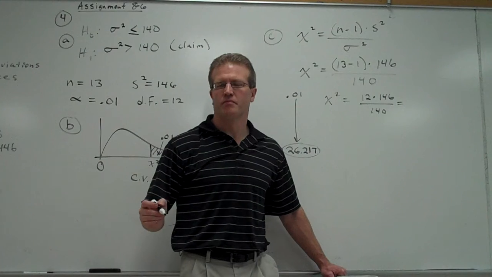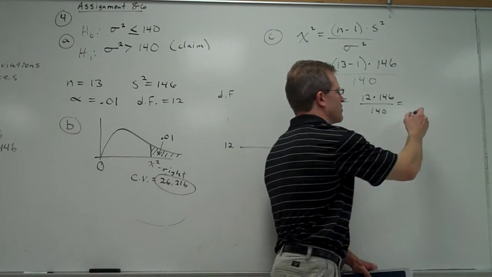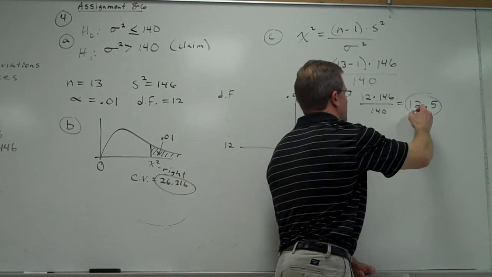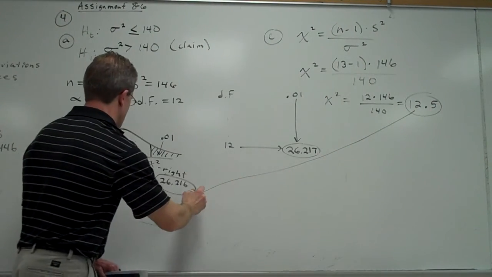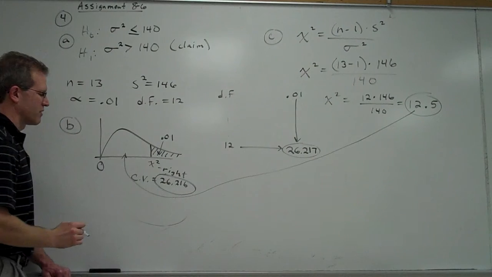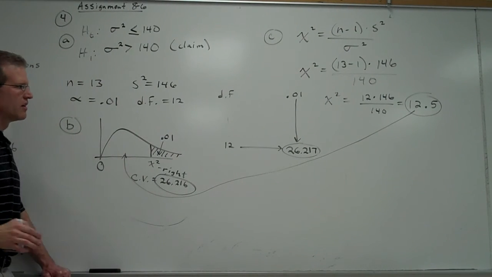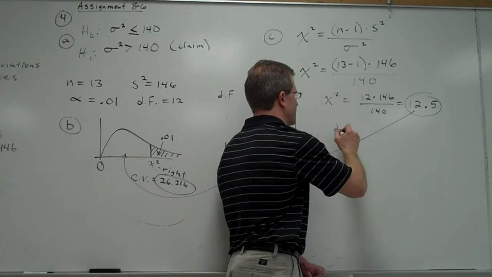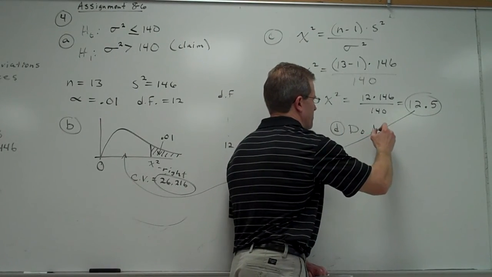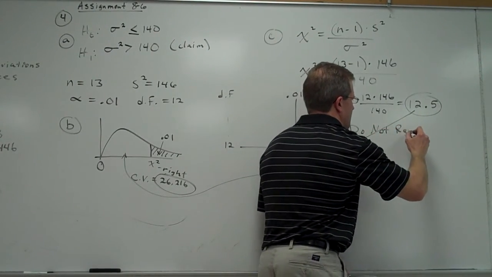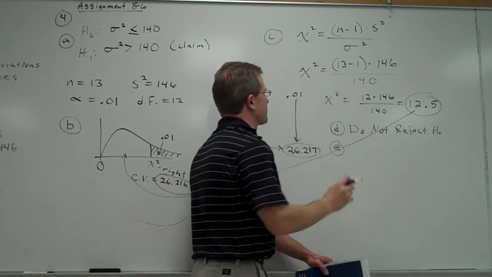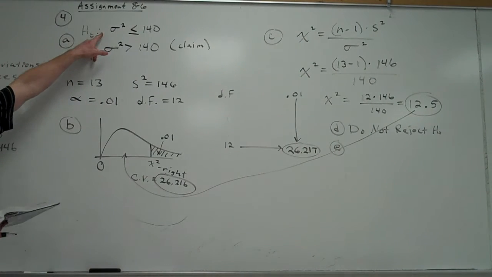What does that come out to? 12.5, and that would fall in here somewhere. It's between 0 and 26, so what would I say for part D? Do not reject the null.